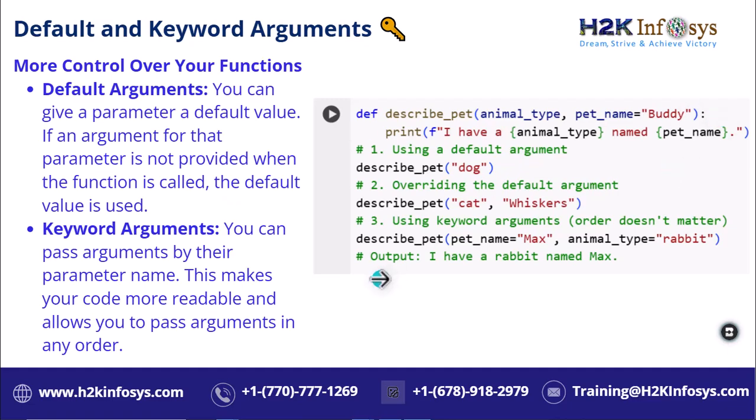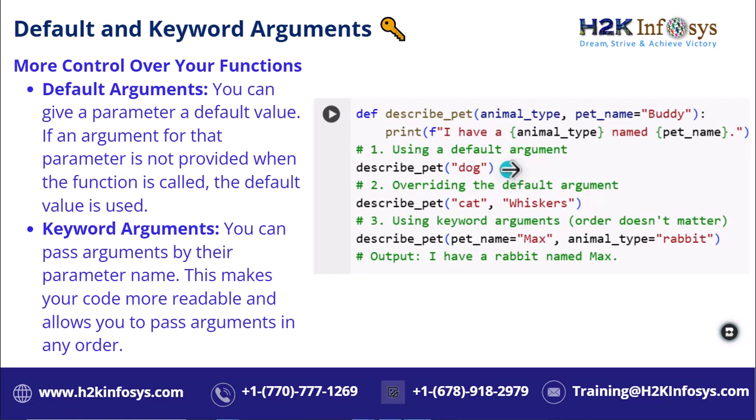Got it? Okay. And keyword arguments means you can pass arguments by their parameter names. This makes your code more readable and allows you to pass the arguments in any order. For example, here we have an animal type and pet name as the default. We had taken it as Buddy, and I'm just printing it: I have an animal of this type and we are naming it like this.